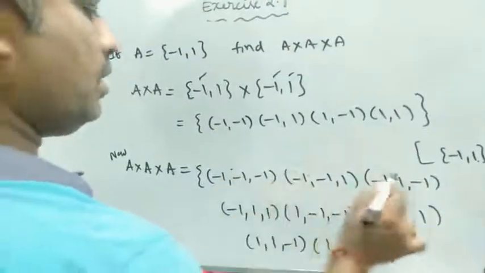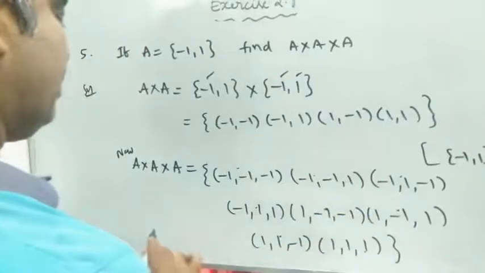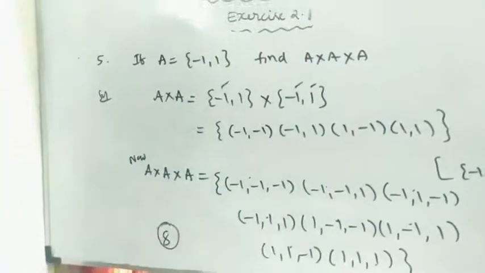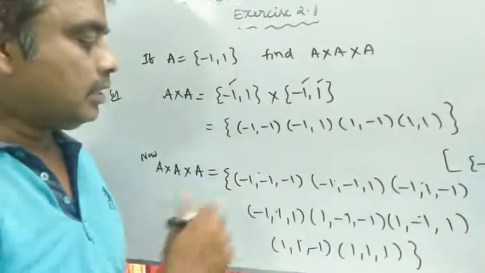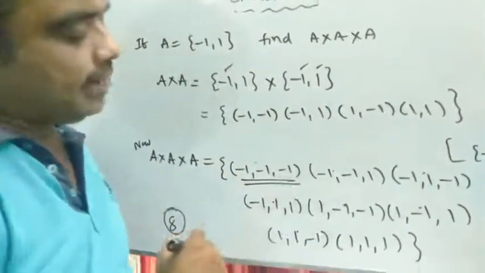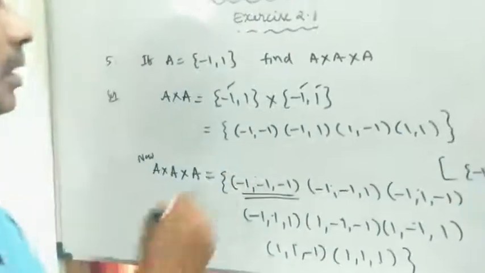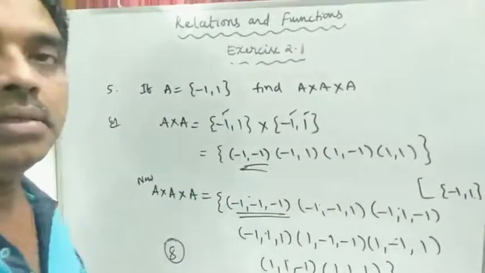That means 1, 2, 3, 4, 5, 6, 7, 8 elements. So 2 into 2 into 2, 2 cubed, 8 elements you will get. So this is called the ordered triplet. That means this is an ordered pair, this is an ordered triplet.